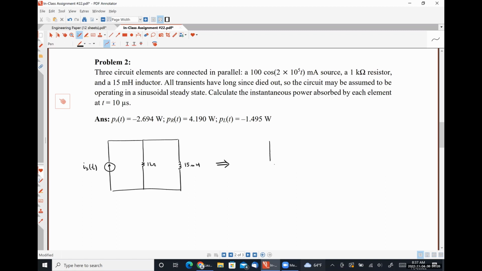So my 100 milliamp source is now going to be 0.1 angle 0 degrees amps. Everybody okay with me representing 100 cosine(2 times 10 to the 5 t) milliamps as 0.1 angle 0 degrees? Anybody not understand where that phasor relationship came from? All right, nobody is willing to admit they don't know where it came from, so we'll move along.